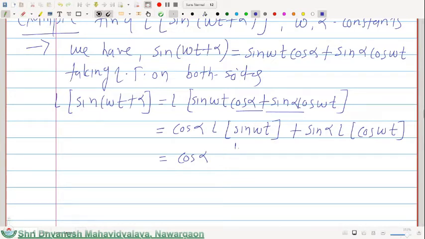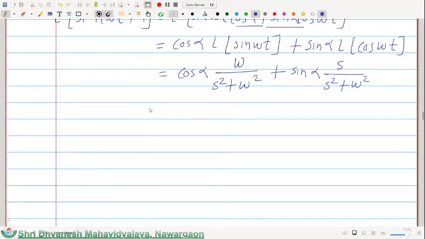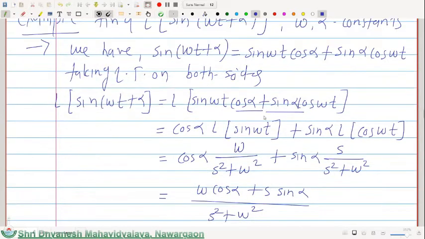It is omega upon s square plus omega square, plus sine alpha times the Laplace transform of the cosine function, s upon s square plus omega square. Now you can add these two fractions. You will get (omega cos alpha plus s sine alpha) upon (s square plus omega square). So this is the required Laplace transform.